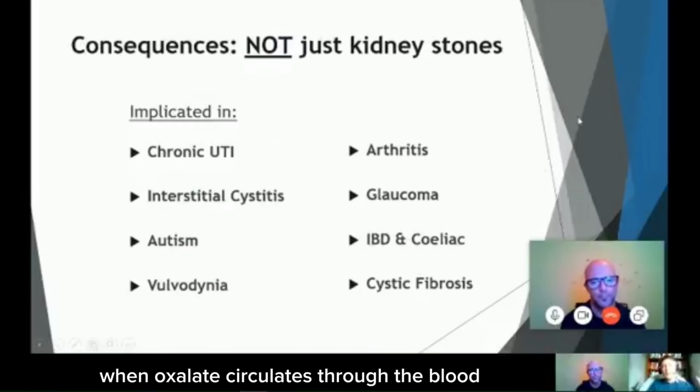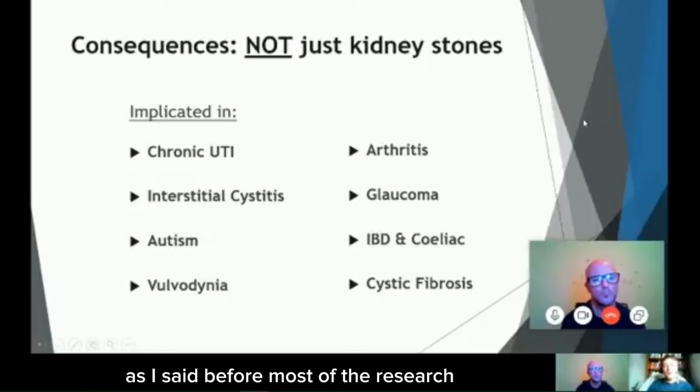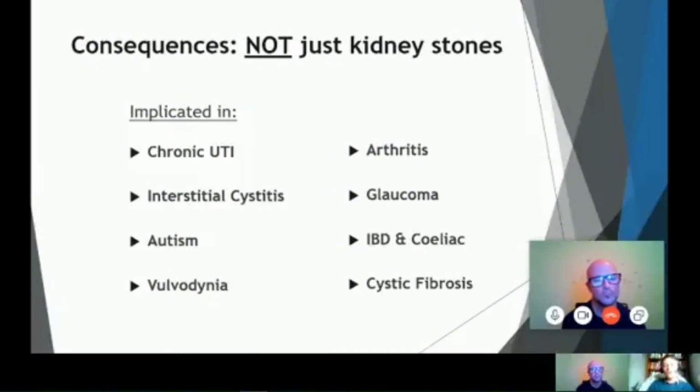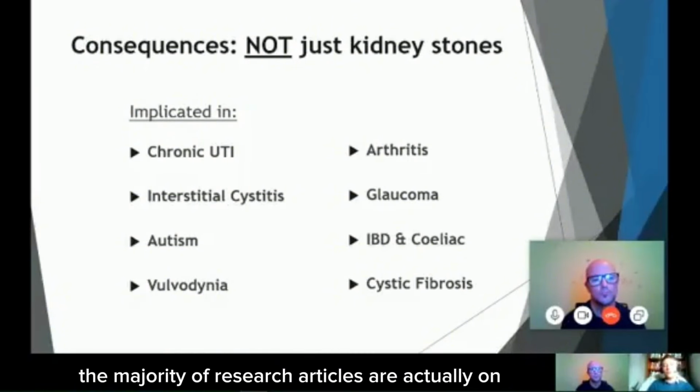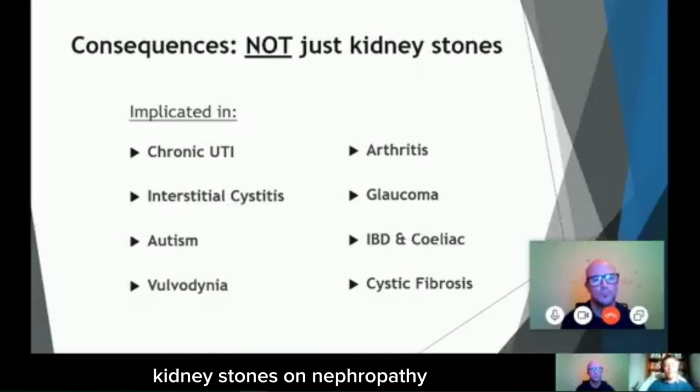When oxalate circulates through the blood, as I said before, most of the research has focused on kidney stones. If you type oxalate into PubMed, you'll see that the majority of research articles are on kidney stones, on nephropathy, on renal failure.